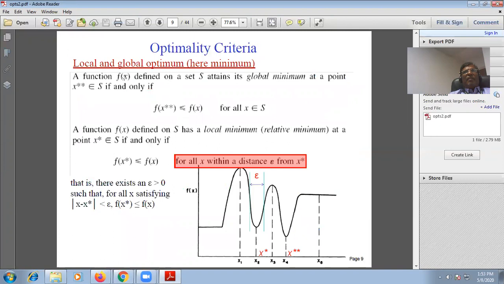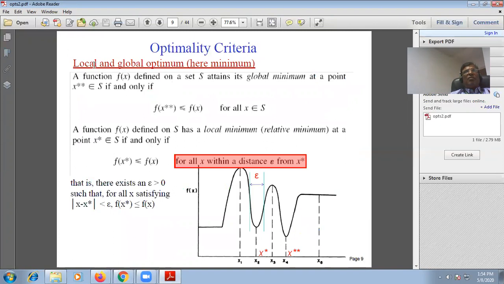Here a function f(x) defined on a set S attains a global minimum. Means there are huge number of values, but you are ascertaining the minimum value of the given function. That is global minimum at a point x double star belongs to S if and only if this value is less than this value.